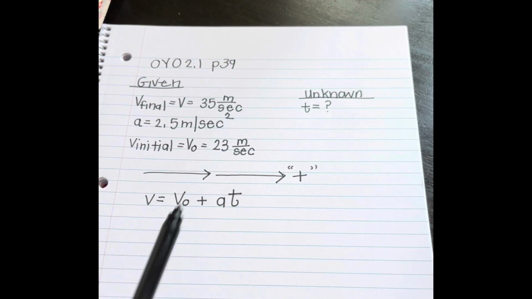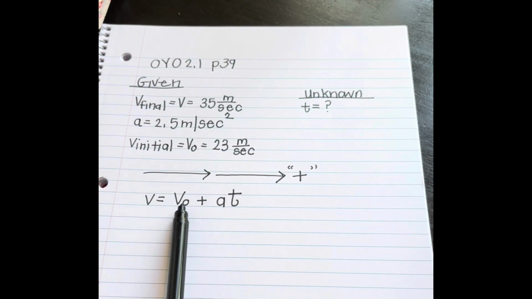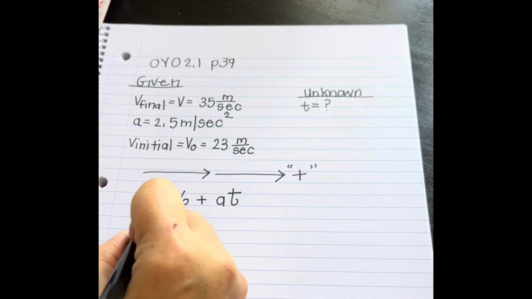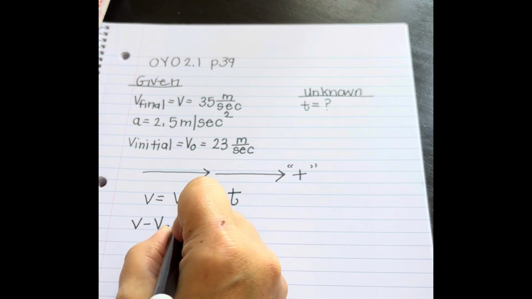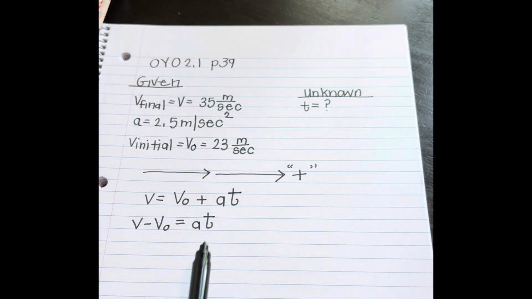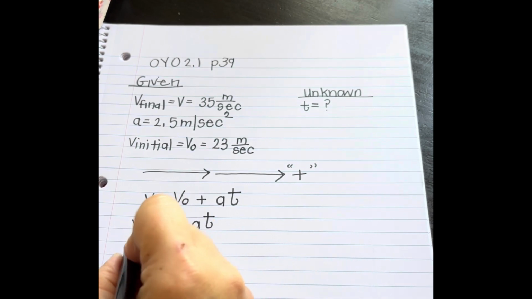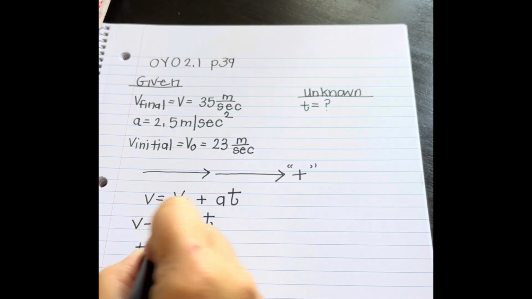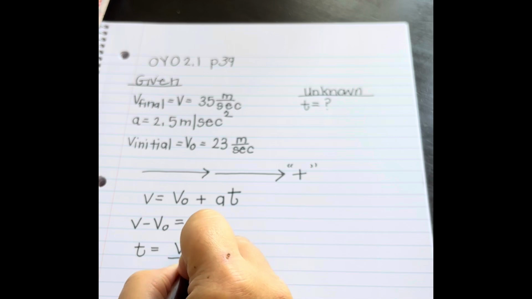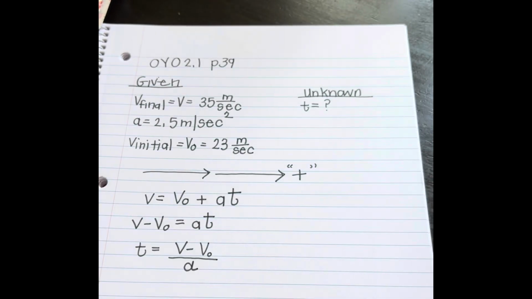To do that, we need to get rid of the V naught on this side. So we can say V minus V naught equals acceleration times time. And now again, we still have to solve for time, so we have to divide both sides by acceleration. So T equals V minus V naught over A. So that's the equation that we're gonna use.